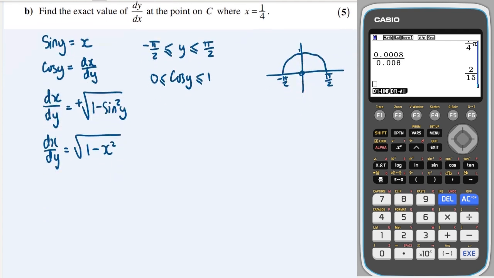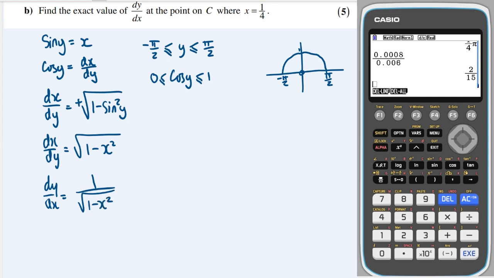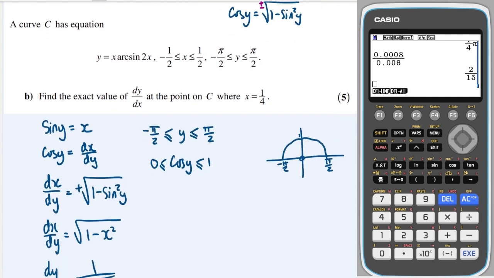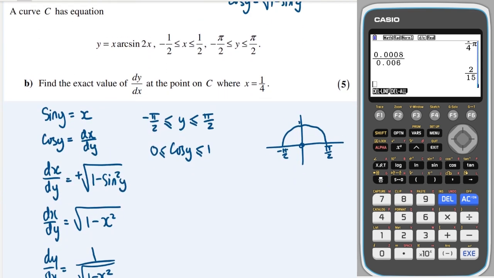And then finally, we can take the reciprocal of both sides, which gives me 1 over the square root of 1 minus x squared. Great. Okay, that's part A.